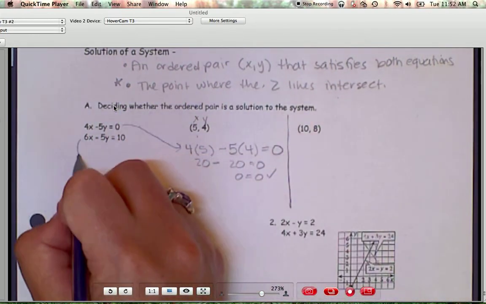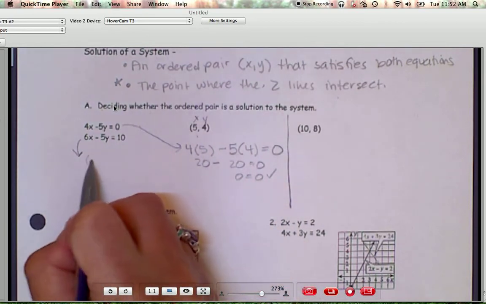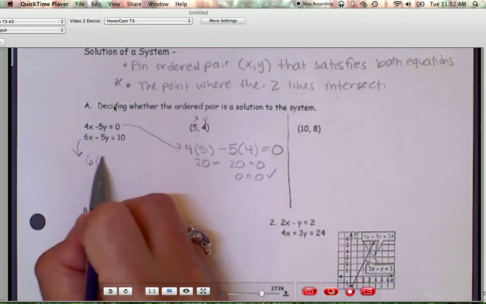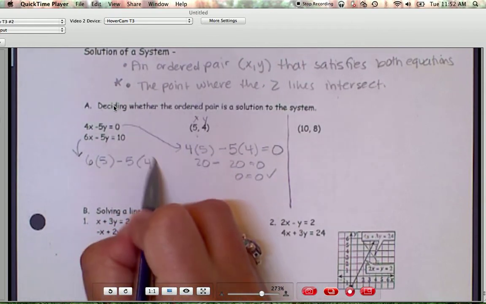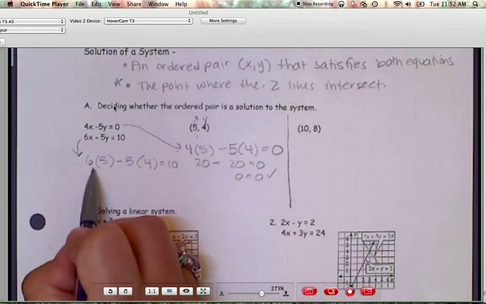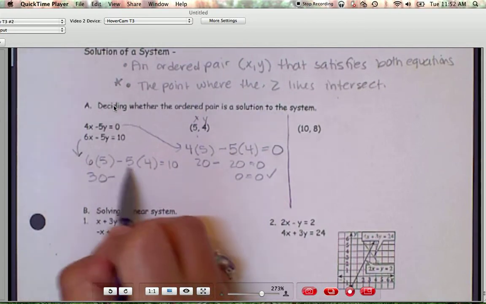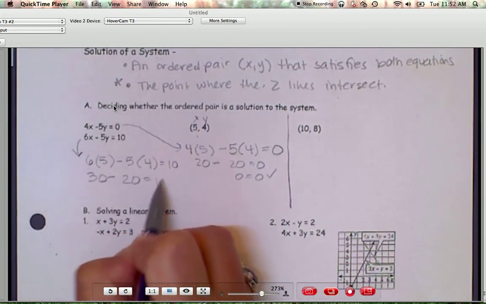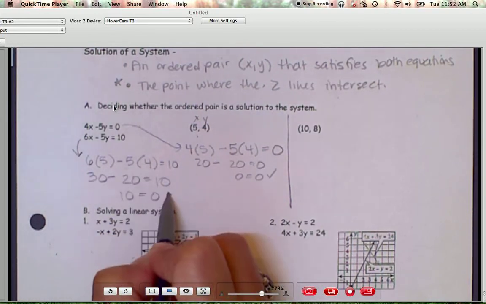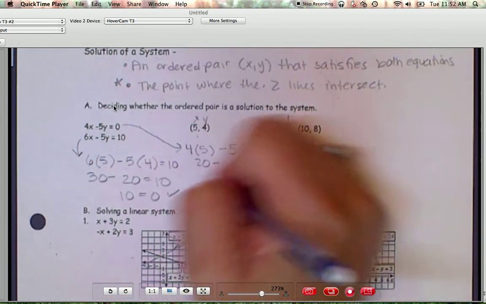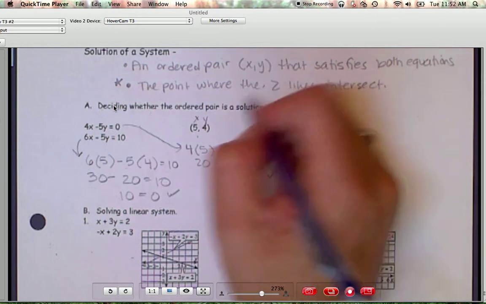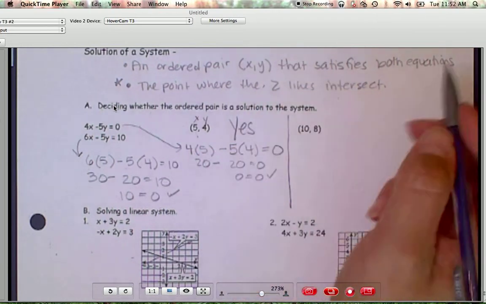So now we need to test this equation. 6 times the x value, which is 5, minus 5 times the y value, which is 4, equals 10. Now 6 times 5 is 30, minus 5 times 4, which is 20, equals 10. 10 equals 10. So this one works too. So does it satisfy both equations? Of course it does. So yes, it is a solution to the system.